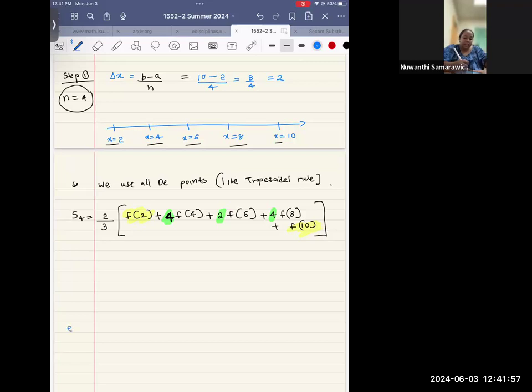And find the exact integral. Mallory, yes, let's see for others. We have one answer.